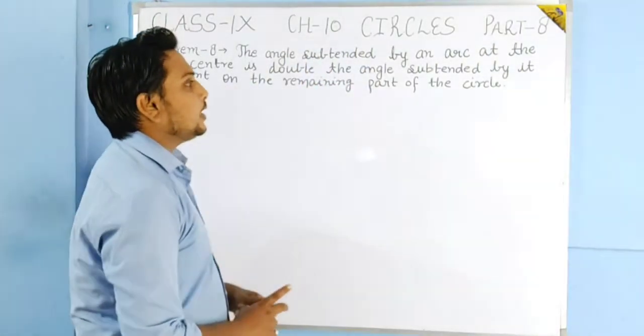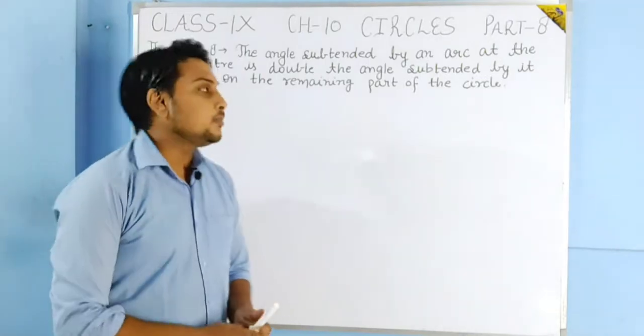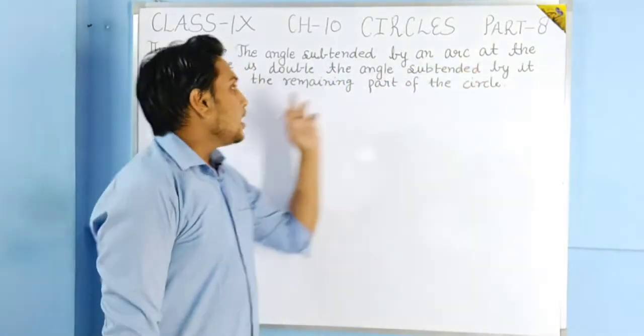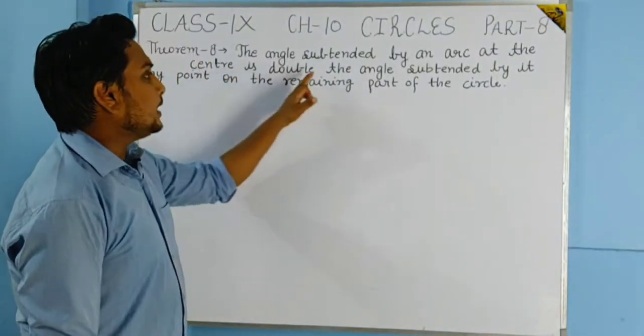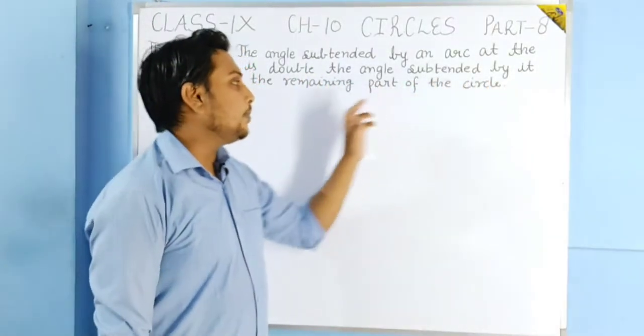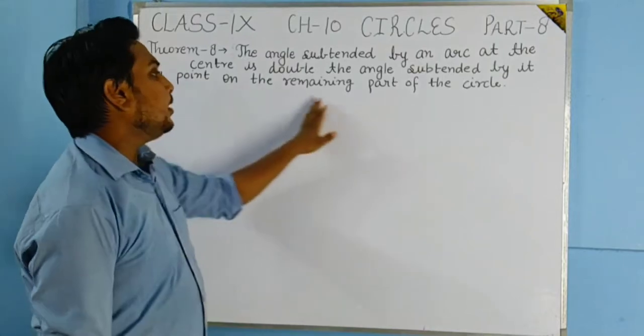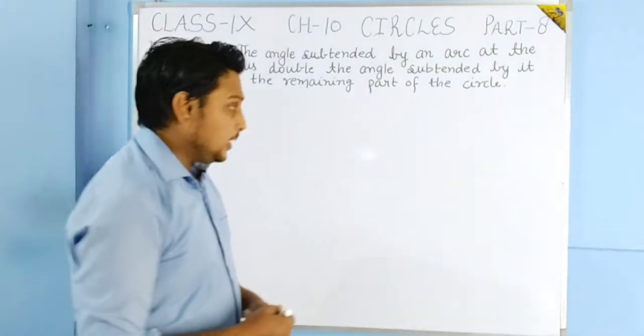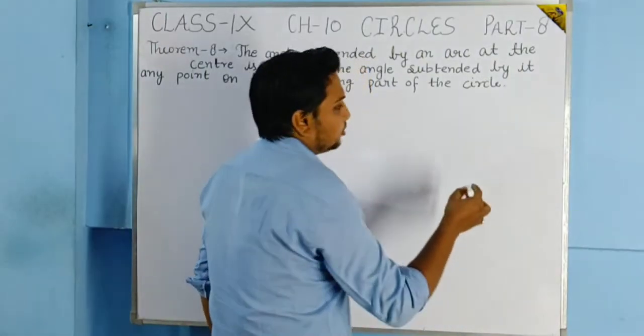Okay, and what is the statement of theorem 8? The statement is: the angle subtended by an arc at the center is double the angle subtended by it at any point on the remaining part of the circle. Okay, so what is the meaning of this statement, students?